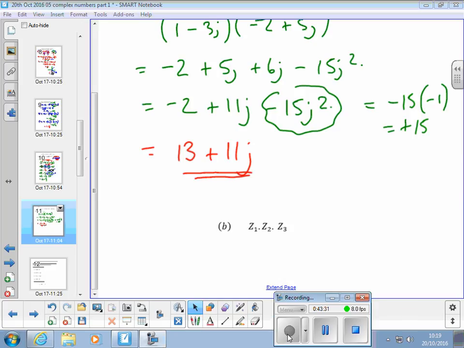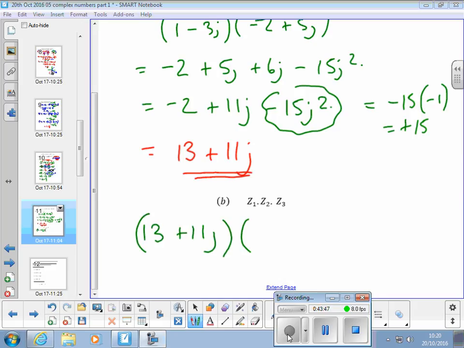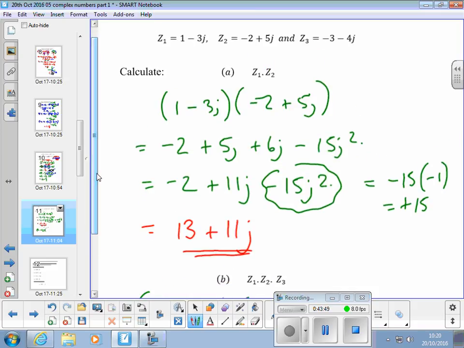And then the second one involves you taking the result of that and multiplying it by Z3. So we've got 13 plus 11j, and we're going to multiply that by minus 3 minus 4j.